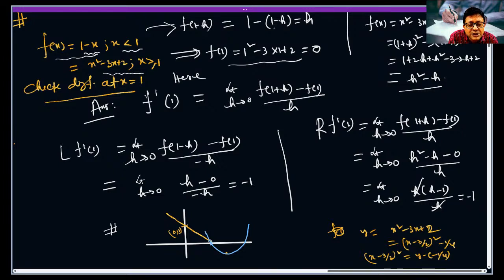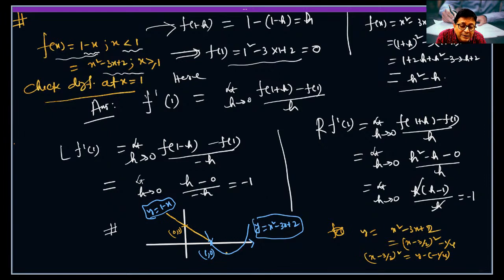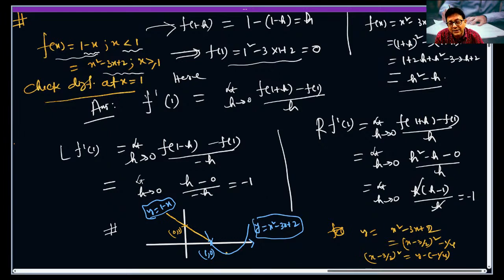You can see that at the point (1, 0), this graph coincides with the line, at least in the neighborhood of the point x equal to 1. The graphs of y equal to x square minus 3x plus 2 and y equal to 1 minus x, these two coincide. Okay, so we get a unique tangent over there. Beyond the point 1, before it, after it, it will change definitely. But at this point, it seems that the graph coincides with the line.